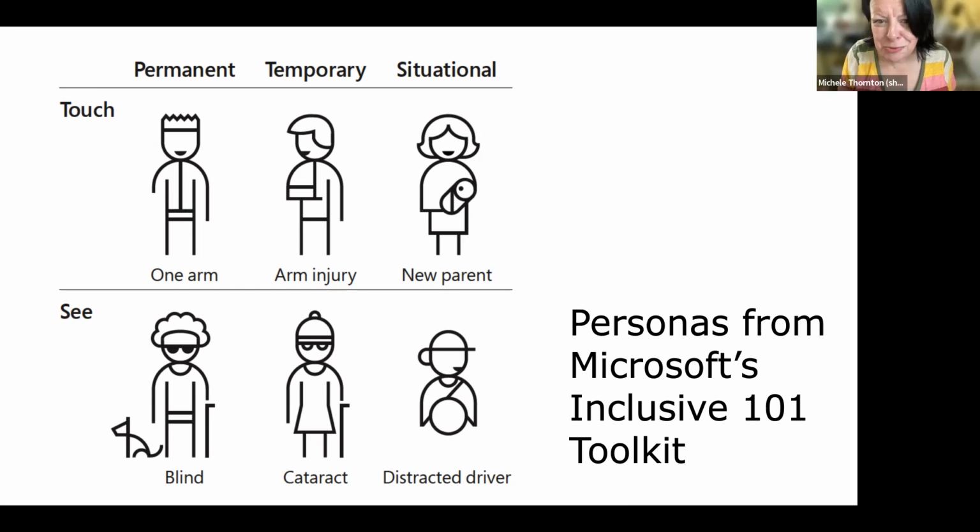But that can also be true for a student who breaks their arm in a sports event, or a new parent who's trying to juggle a baby, or, as I heard somebody mention, a cat climbing across the keyboard. There are all kinds of circumstances that any one of us could find ourselves in, that designing for inclusivity can help address, even if we're not just focused on a student that has an accommodation.